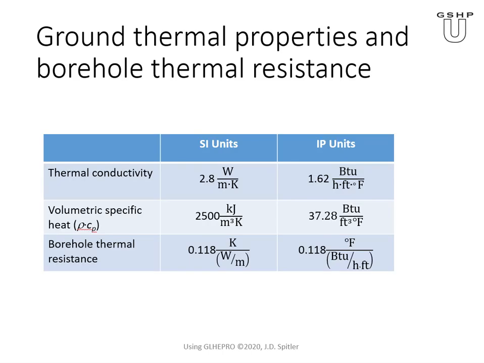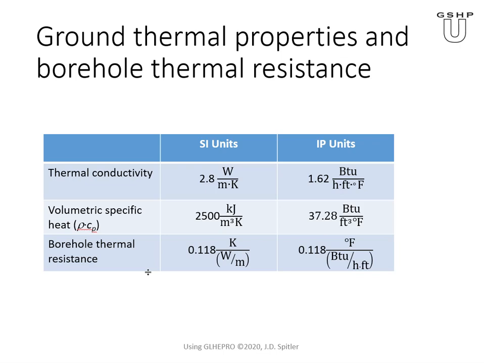Okay, so earlier in the ground heat exchanger modeling lecture, we estimated some properties for the ground, and we actually estimated the borehole thermal resistance from a thermal response test.